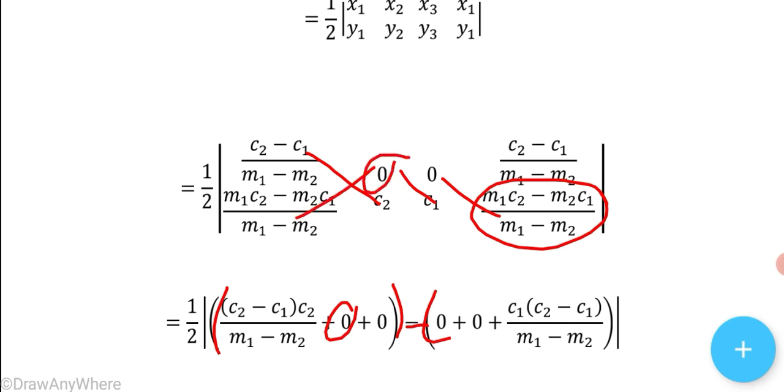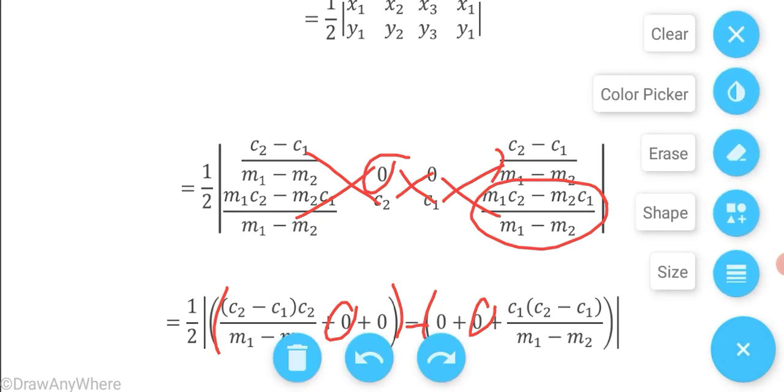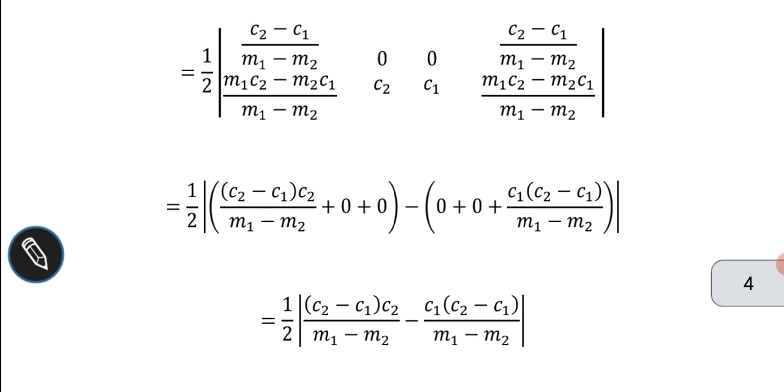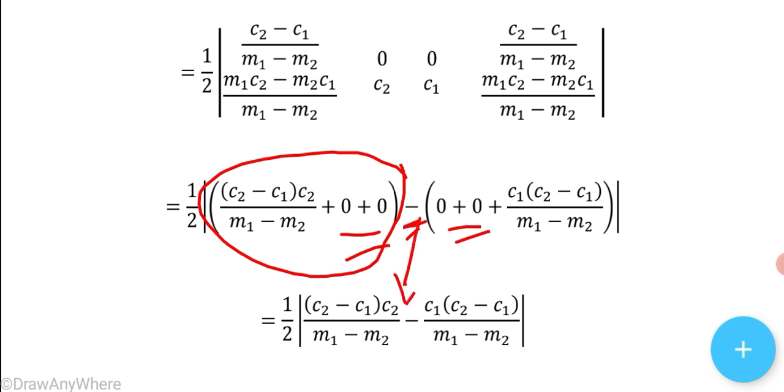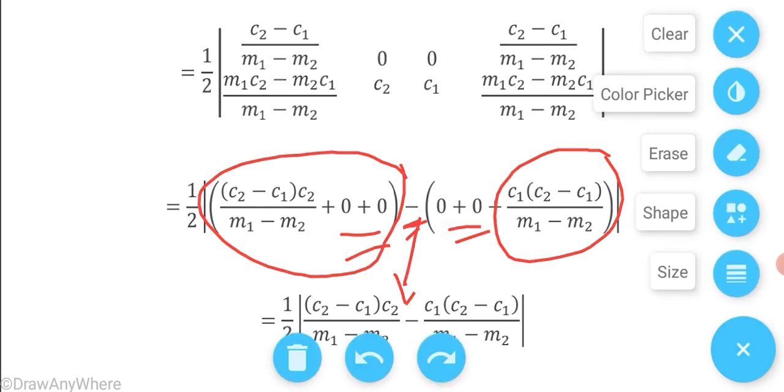Here we have a 0, so c2 into 0 becomes 0, and c1 into this term, c1 into c2 minus c1, the whole divided by m1 minus m2.